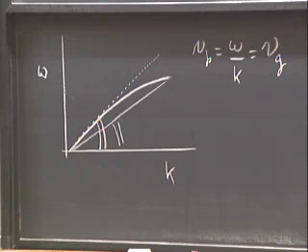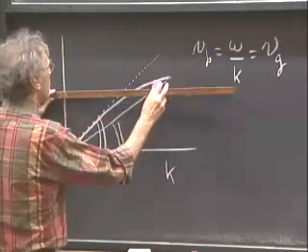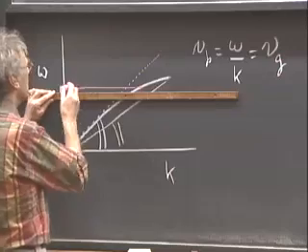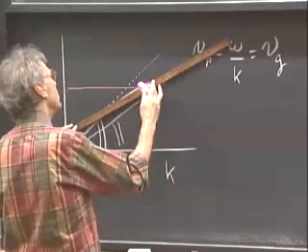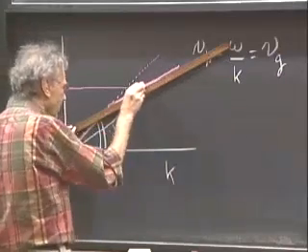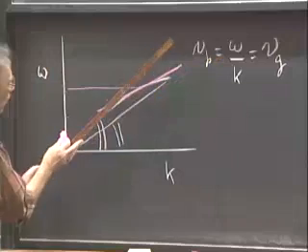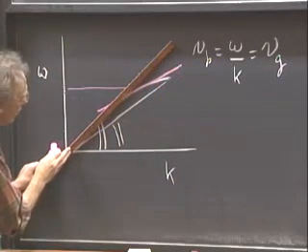But the group velocity is also dependent now on frequency. For instance, right at this frequency here, the group velocity is given by the slope, d omega/dk. And that group velocity, which is d omega/dk, has a different angle, the slope, than this slope.